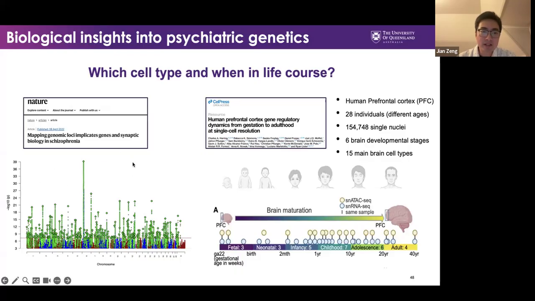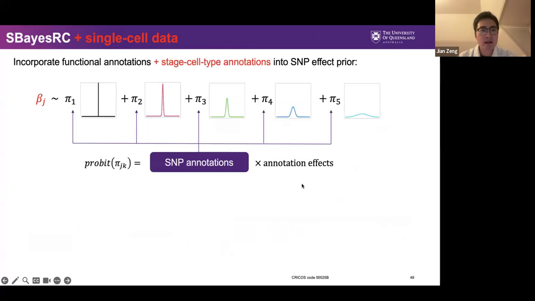So we combine this schizophrenia GWAS study with this single cell study, where they have collected single cell ATAC-seq and RNA-seq from individuals at different developmental stages, all the way from fetal to childhood, adolescence, and adults.